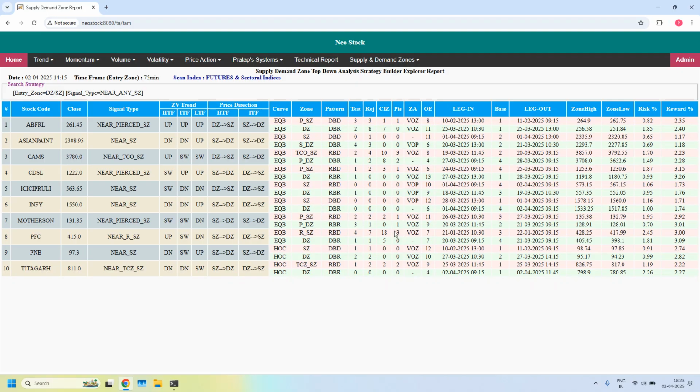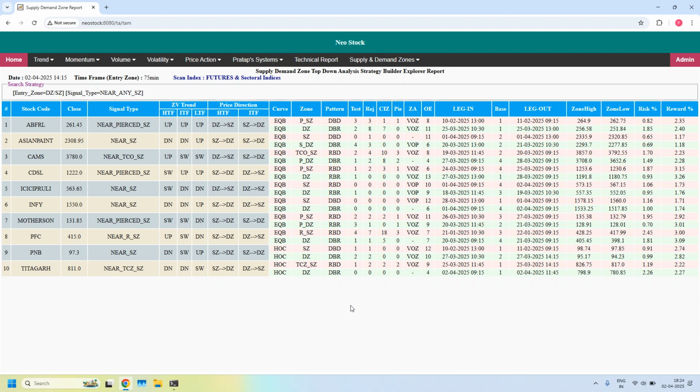PFC is a piercer zone, already pierced 3 times. If you want to apply piercer zone strategies, you can select and you can analyze, but not for HLQ zone strategy. That's it. We don't have any valid high liquidity 75 minute supply zones from this list.